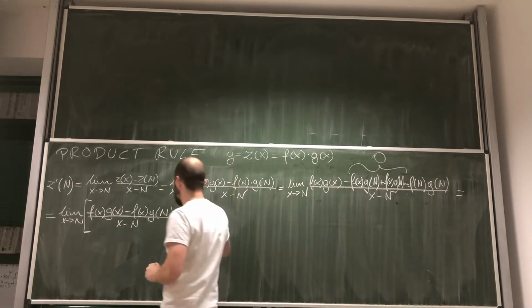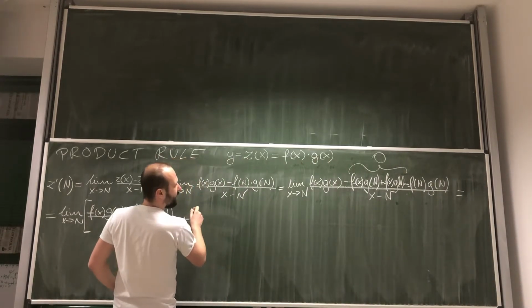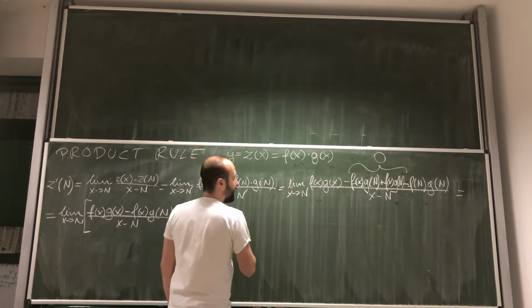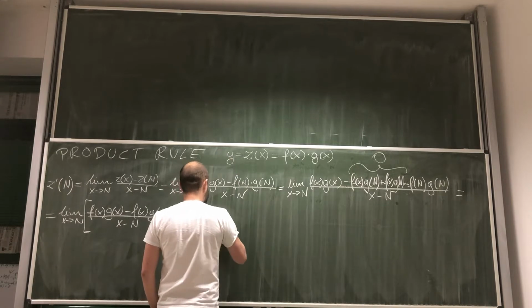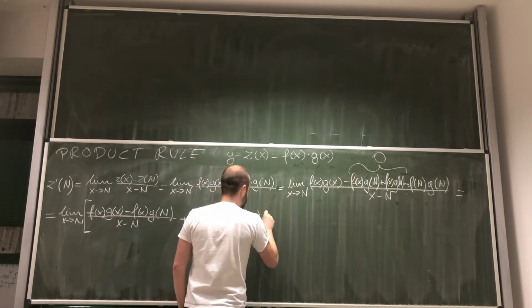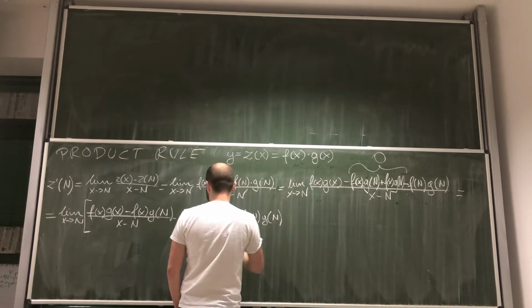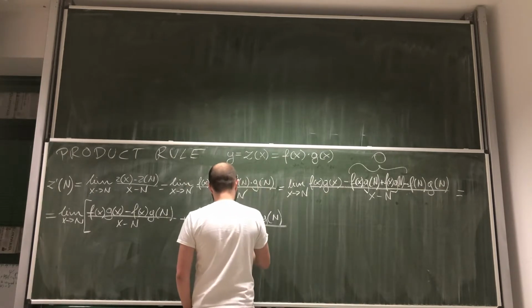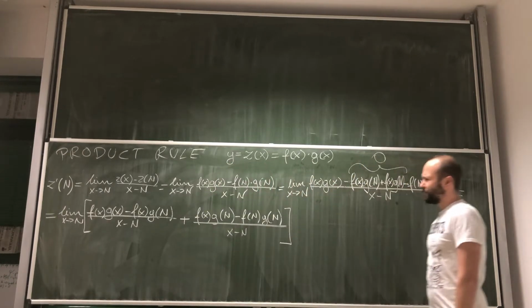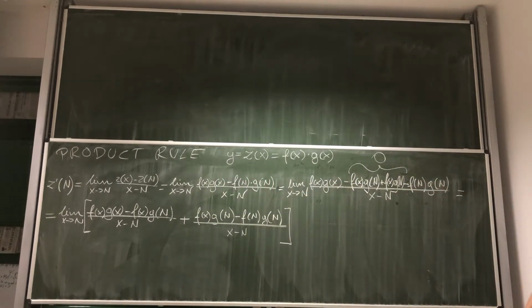So we will have plus f of x times g of n minus f of n times g of n, of course divided by x minus n. Okay. Now it starts to look a little bit better.